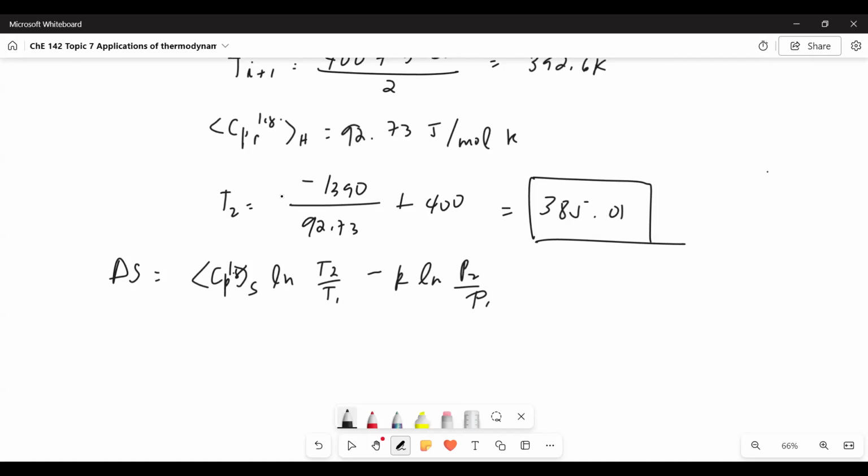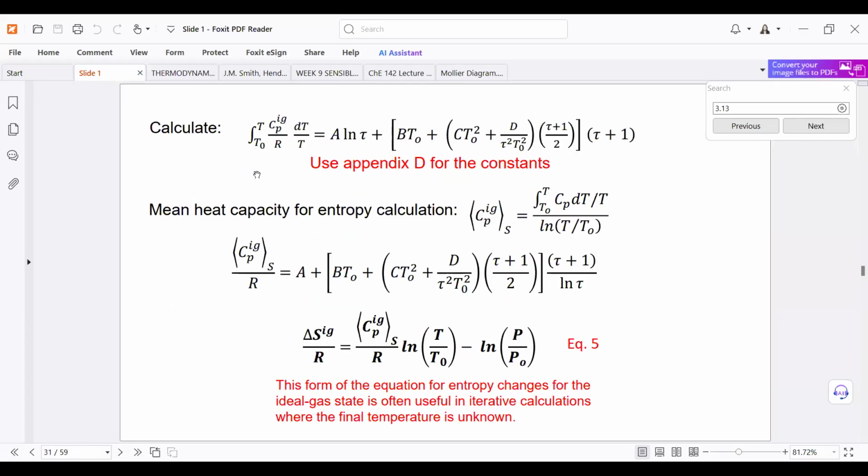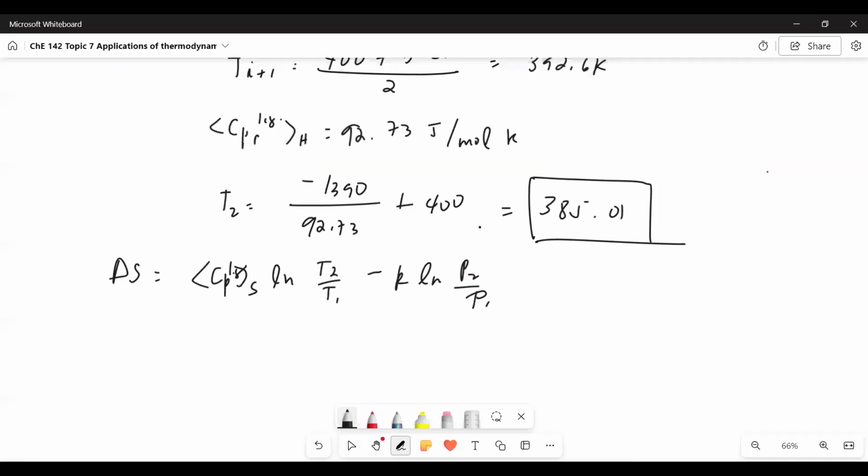Strictly speaking, you have to use the equation for solving CPS, the mean heat capacity for entropy calculation, this one. But since the temperature difference between the inlet and outlet is small, you can assume that CPS is near the value of CPH.